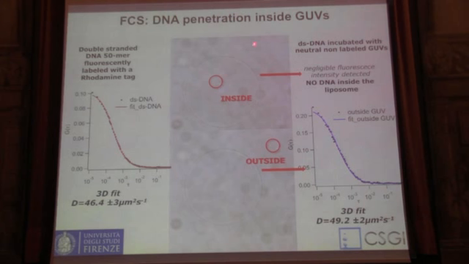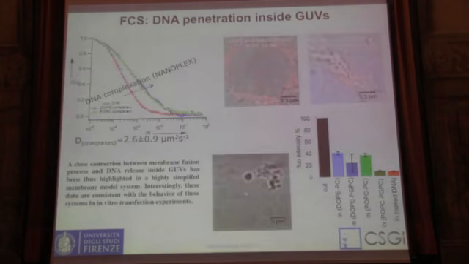You form the liposome, giant liposome or smaller liposome, then you add the DNA complex outside, and you measure the fluorescence coming from the DNA inside the vesicle and outside the vesicle, and you need the calibration curve. What you see is that you have DNA inside, and the transfection comes only with the inverted hexagonal structure.